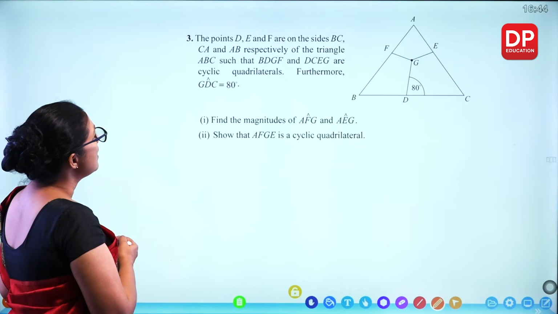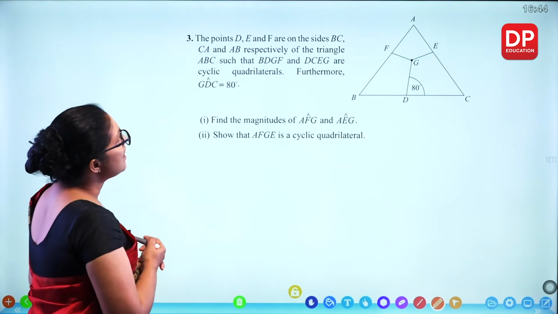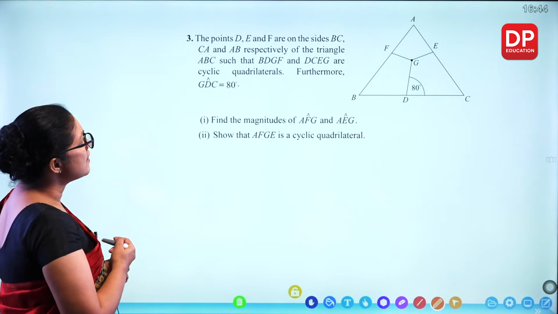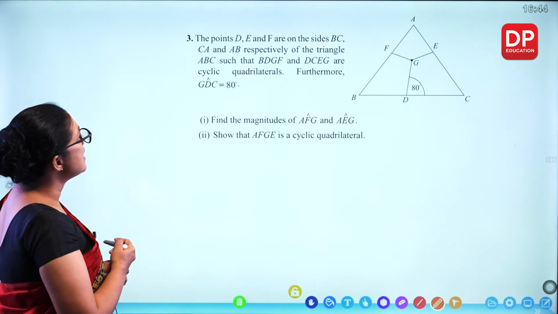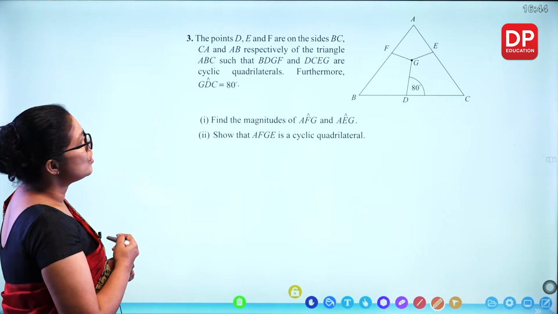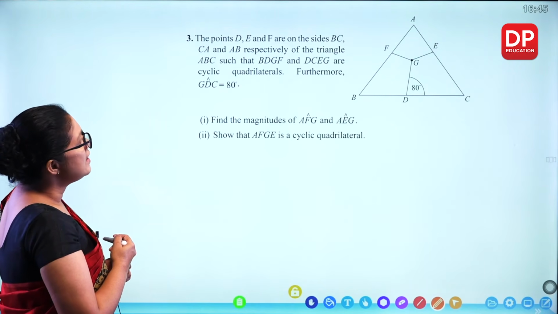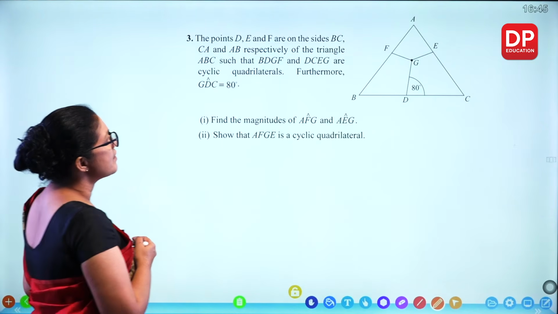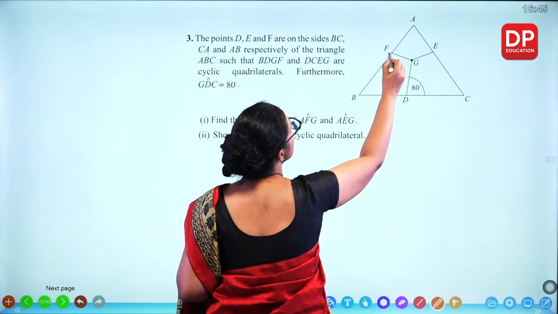Question number 3. The points D, E and F are on the sides BC, CA and AB respectively of the triangle ABC such that BDGF and DCEG are cyclic quadrilaterals. These two are cyclic.